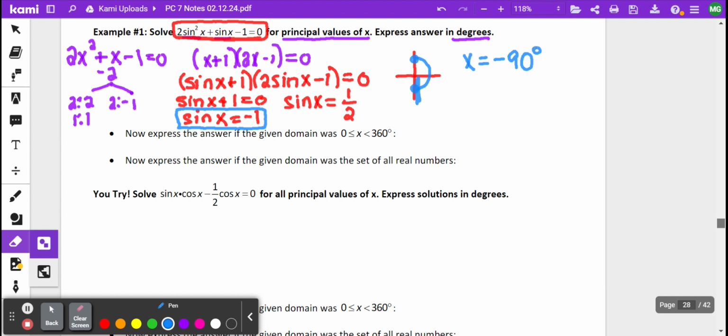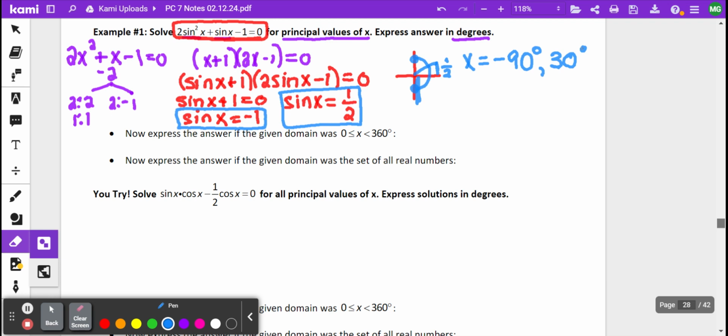And also, we have to find where the sine of x equals 1/2. Again, sine is height. So what angle has a height of 1/2 on our unit circle? Hopefully you remember that that would be a 30-degree angle. So those would be the two answers to this.